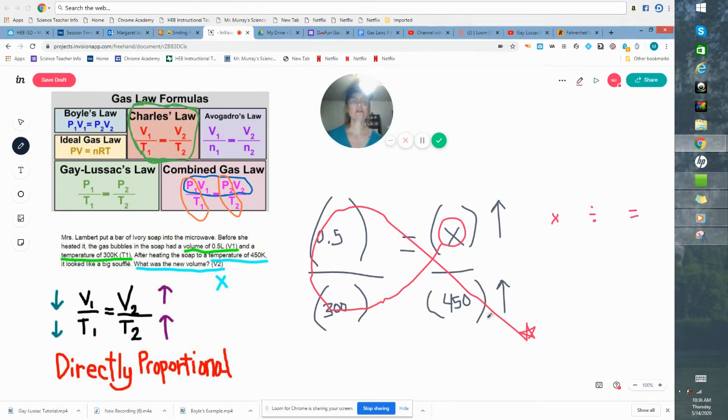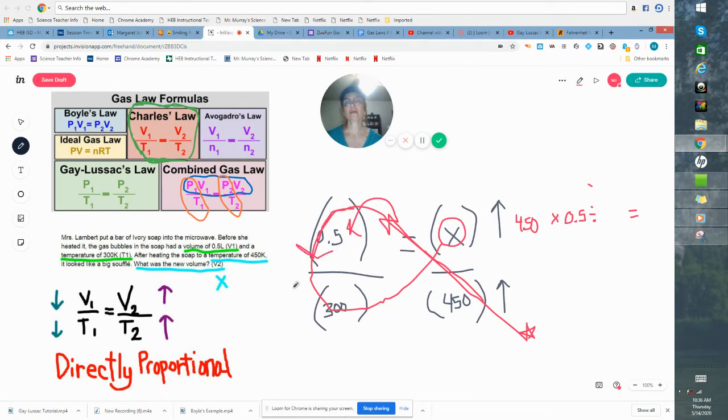Okay, so here's where I start. 450, retrace your fish, times 0.5. Okay, keep retracing your fish.